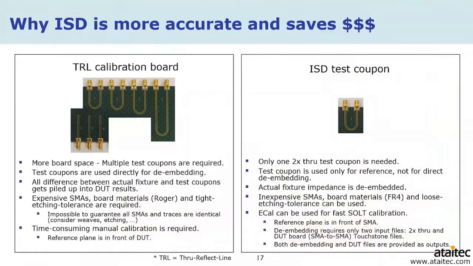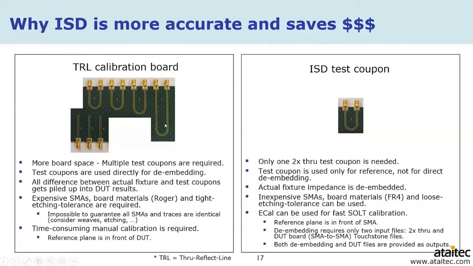Now, why is ISD more accurate and saves money? Compared to TRL, for example, obviously we only need to use a very simple 2x through trace. And technology-wise, TRL is still assuming every test coupon has exactly the same impedance.